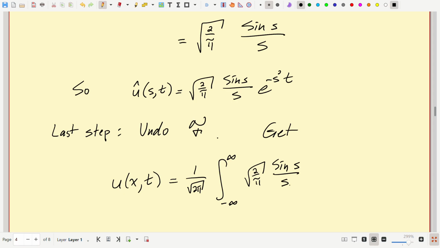It doesn't blow up at 0 because that famous limit is 1. In fact, it's infinitely differentiable there, too. So, e to the minus s squared t, and then e to the i s x ds.